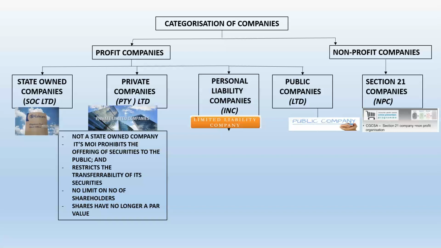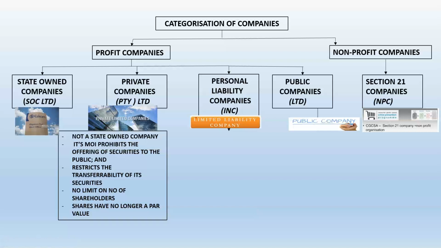It is actually a guideline and an instruction manual of what is allowed in that entity and what is not allowed. Now, the first thing of a private company is that the shares of a private company are not freely transferable to another party.